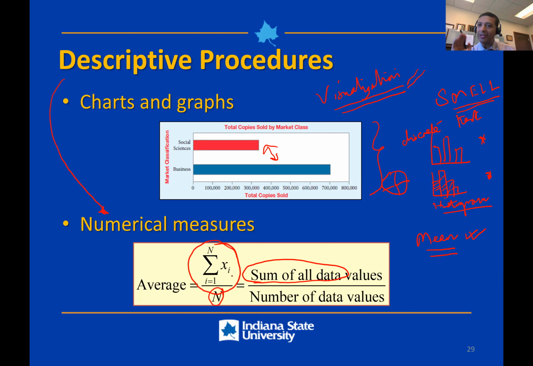You are weighing them equally, which is okay as long as you don't have one data point that's extremely high or extremely low. And for those of you who are nodding your head, those are also called outliers. So managing outliers by itself is a process.